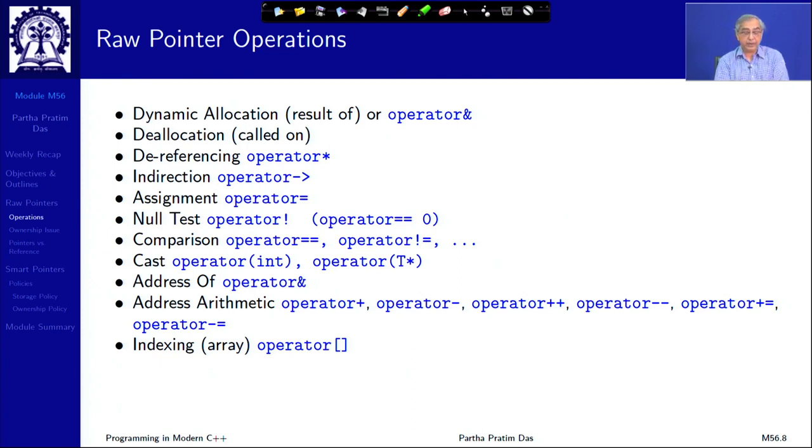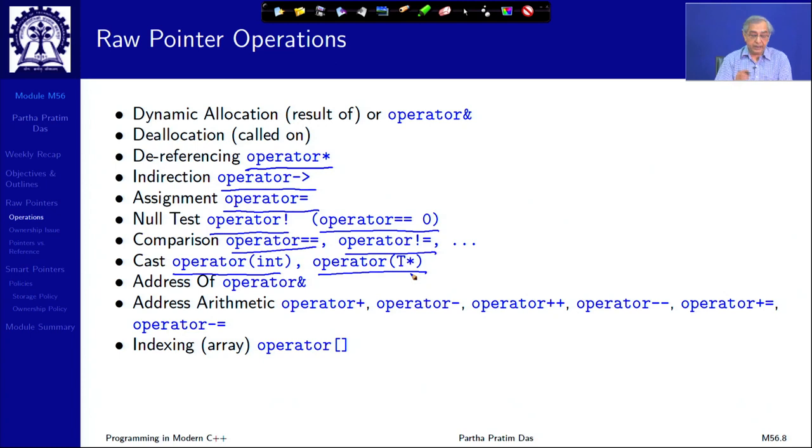Deallocation is called on a pointer. Dereferencing is done by pointer star, indirection by pointer arrow. I can assign pointers, do null checks on pointers, compare pointers, right. I can cast pointers, whether or not it is a good idea, that is a different thing, but I can.